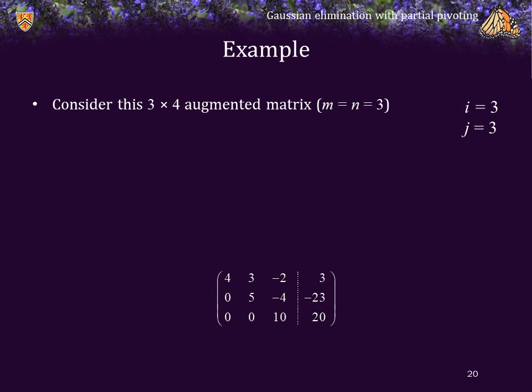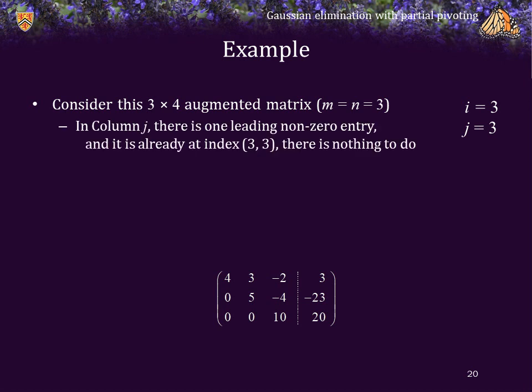At this point we could stop because we immediately see that the matrix is in row echelon form, and therefore we are finished. However, just to demonstrate that the algorithm does work, we'll carry on. In column j equals 3, there is one leading non-zero entry. It is already at index 3, 3, and so there is nothing left to do.